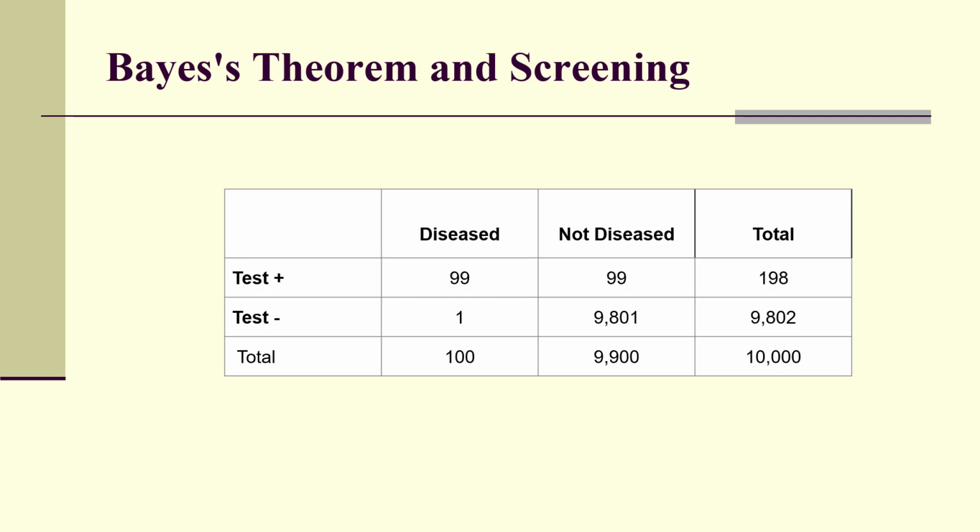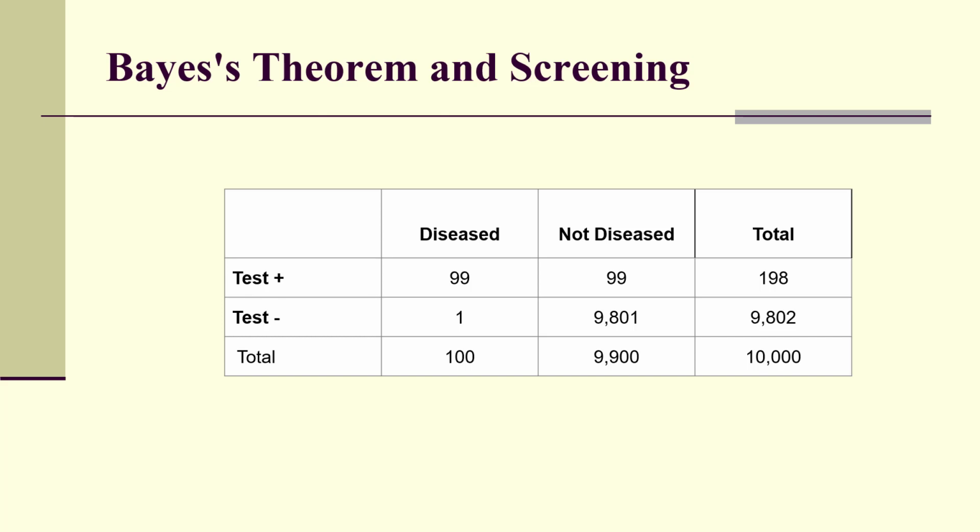Therefore, in the population of 10,000, there will be 100 diseased people and 9,900 non-diseased people. We also know the sensitivity of the test is 99%. That is, the probability of B given A is equal to 0.99.